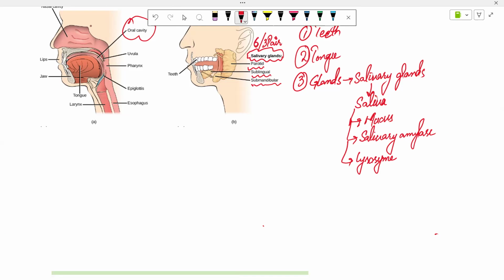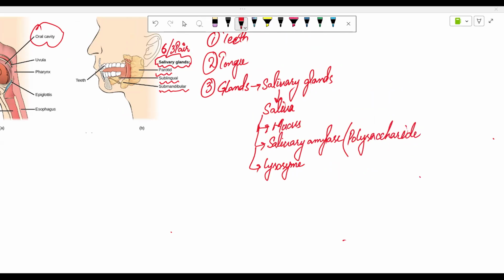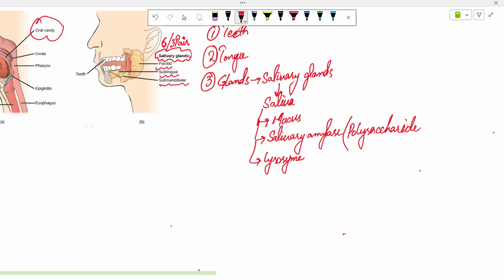So salivary amylase is involved in the digestion of polysaccharides. Polysaccharide, that is starch, is converted to monosaccharide.